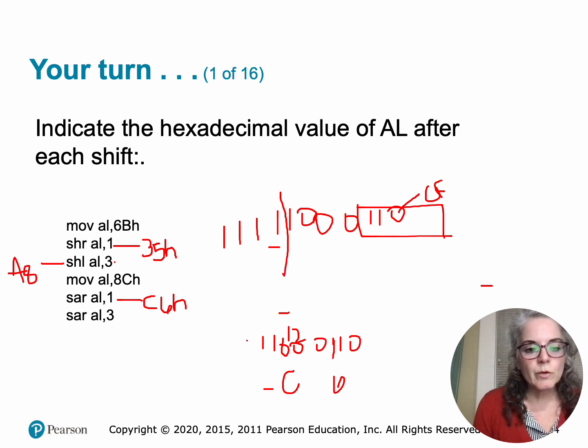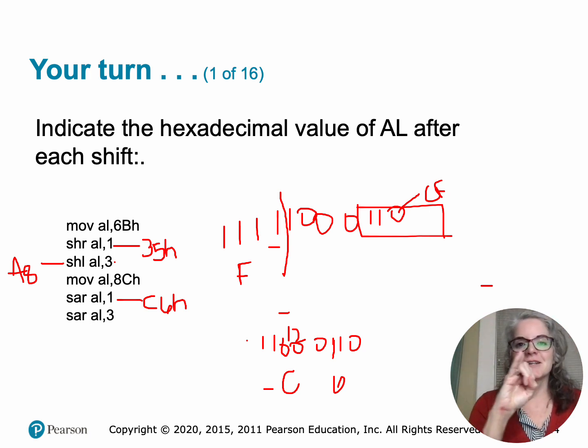Now we know that 1, 1, 1, 1 is F. Why? Because 8 plus 4 is 12, plus 2 is 14, plus 1 is 15. And that's F. A, B, C, D, E, F, 10, 11, 12, 13, 14, 15.